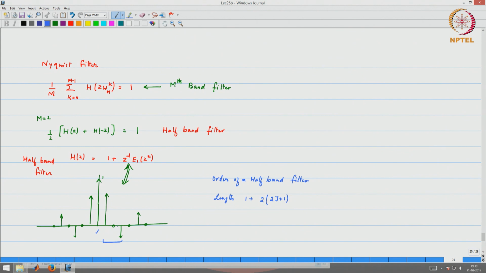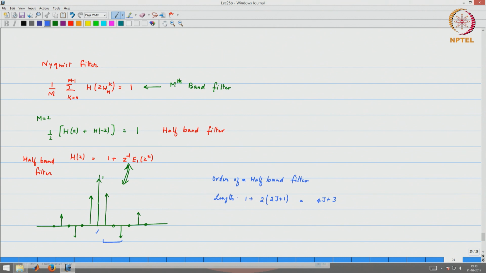Because it has to be an odd number of samples, because I can either get 3 samples or 5 or 7 or 9 likewise in a half band filter. I am only talking about a half band filter. So, the length is given by 4j plus 3.